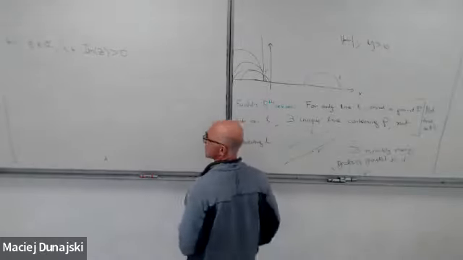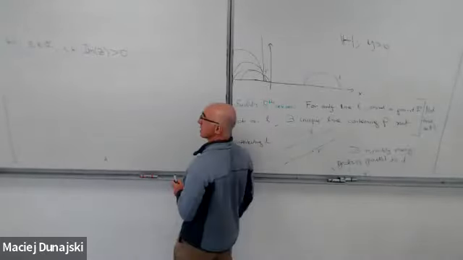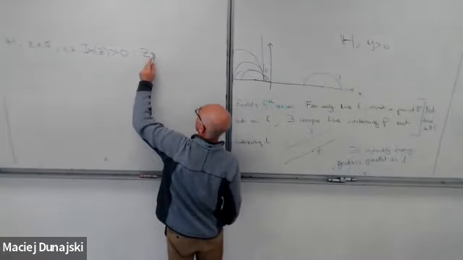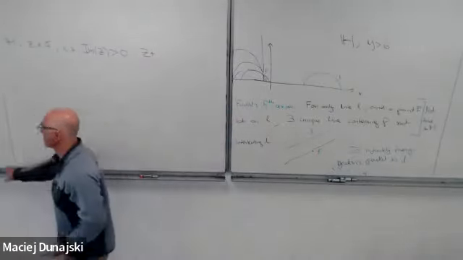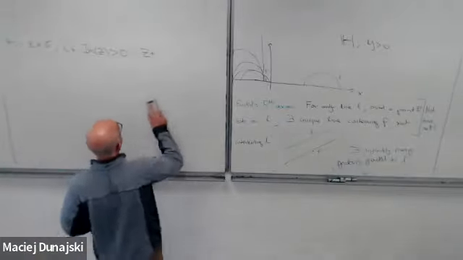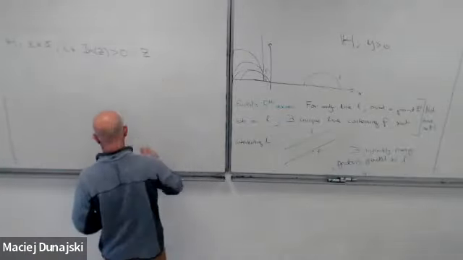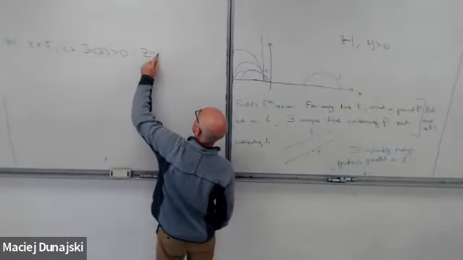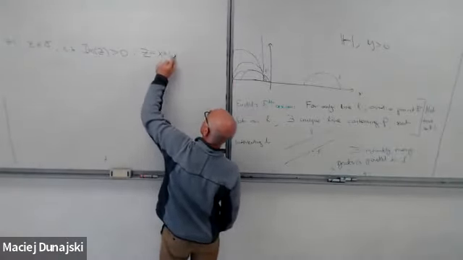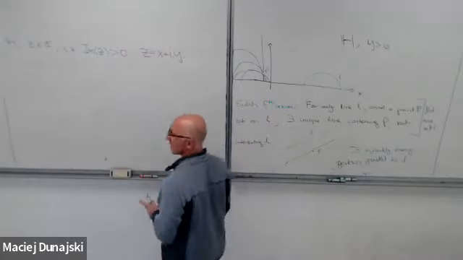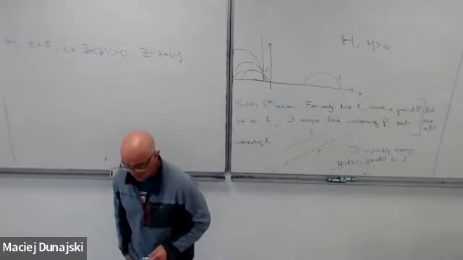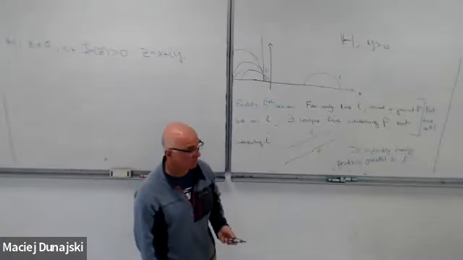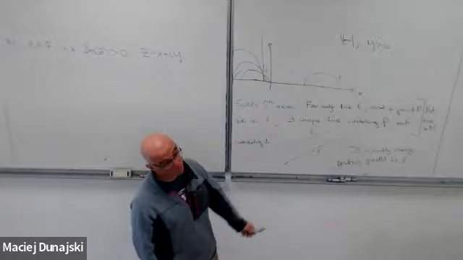I just have to say that Z equals X plus iY. I would have done everything in terms of complex numbers, but it's actually easier in this model to work with X.